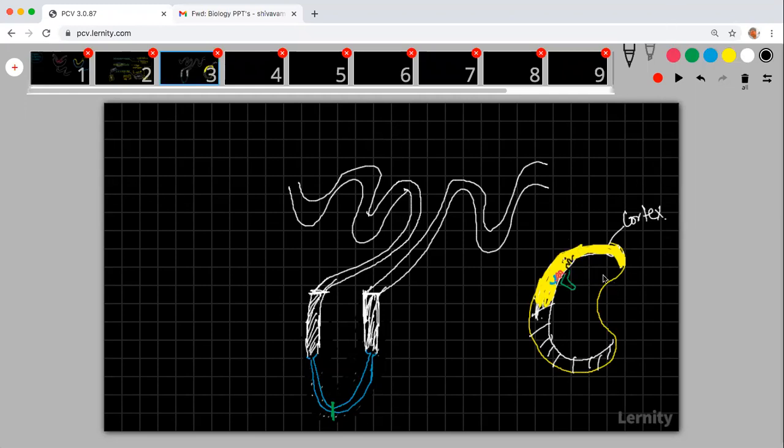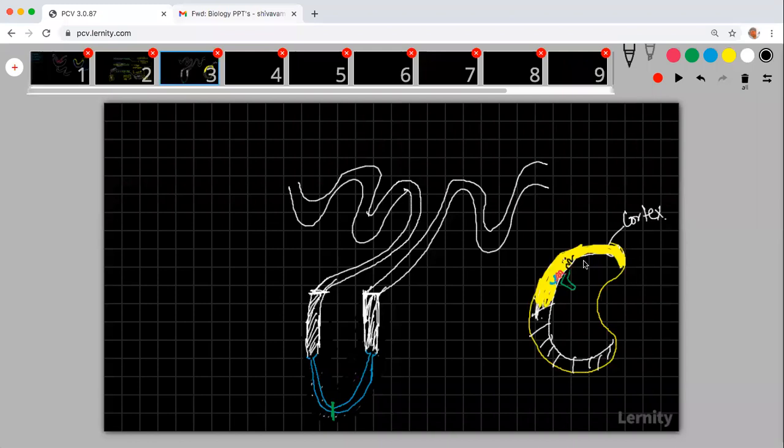Where is this proximal convoluted tubule lying? The proximal convoluted tubule is that red color part. It is lying in the cortex. Where is your loop of Henle lying? It is lying in the medulla. Yeah, correct.